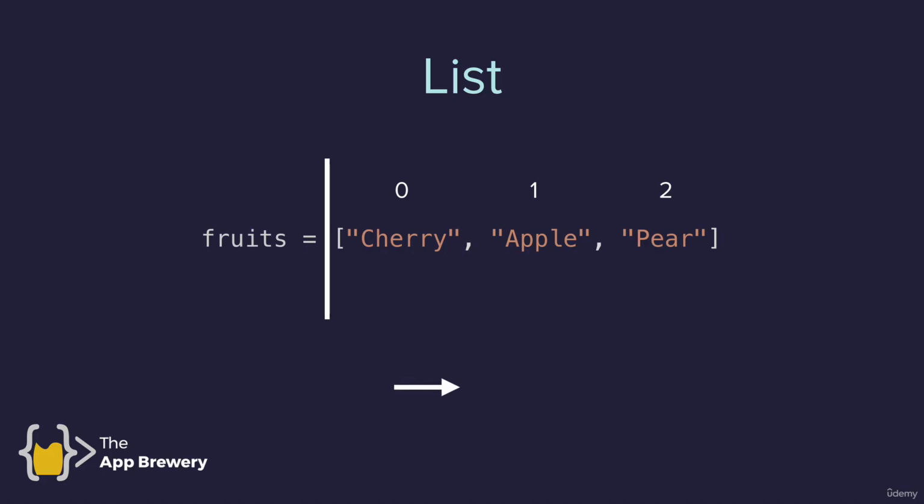But apple is shifted from the beginning by 1, pear is shifted from the beginning by 2, and so on and so forth. Then it makes more sense that the first item in the list is at the beginning of the list, so it has no offset, so it's 0. And you'll find that in many programming languages, there are similar data structures to lists, and this is how they're usually ordered, starting from 0 and then adding by 1.